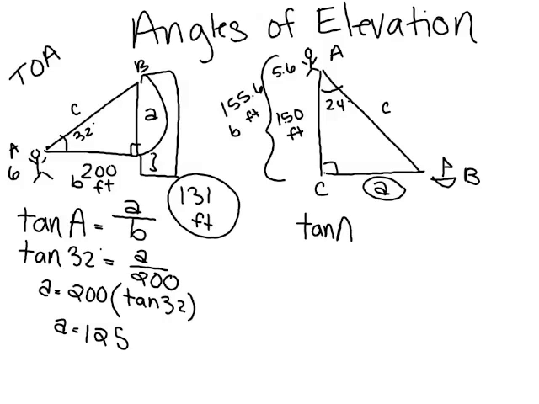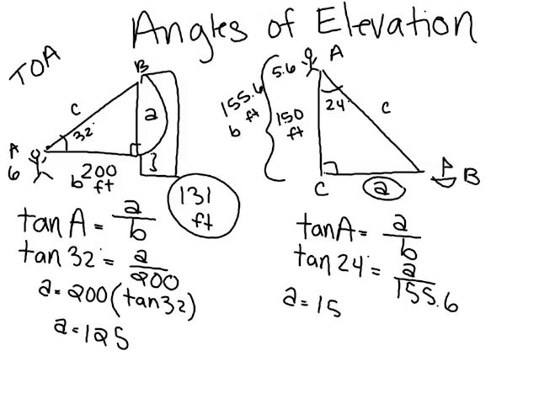Tangent of angle A is opposite over adjacent. Fill in what we know. This is a 24-degree angle. I'm looking for the little a side, and I know the B side is 155.6 feet. Okay, then get A alone.